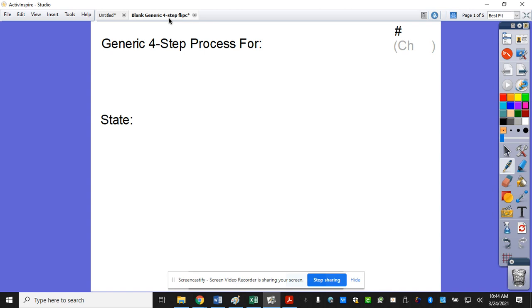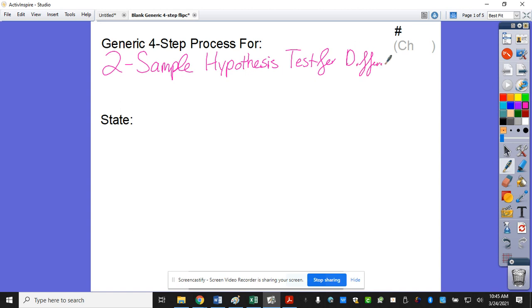All right, so let's go ahead and go straight into 4-step generic for today. Two sample hypothesis test for difference in means.